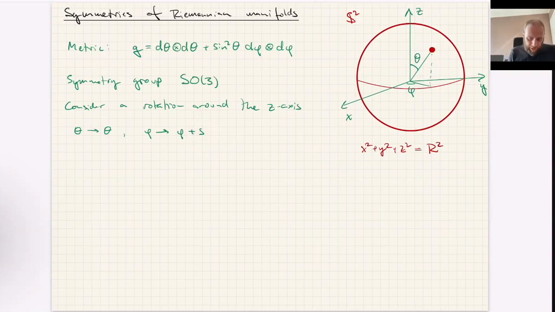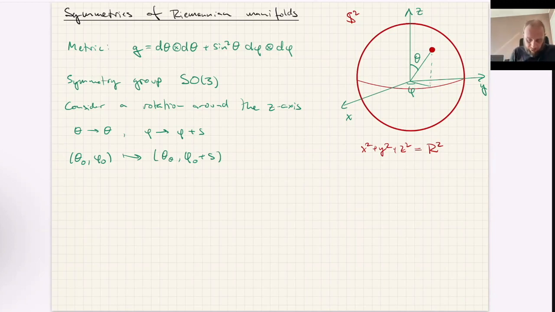So this means that if we have a fixed point that's given by theta 0, phi 0, that's going to map to theta 0, phi 0 plus s. So this is 1-to-1, and it's continuous in s. And we can write down the tangent vector.